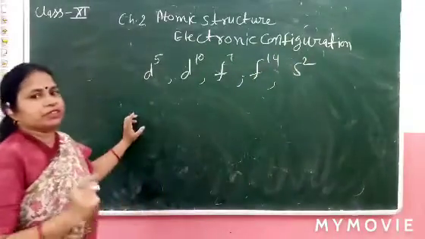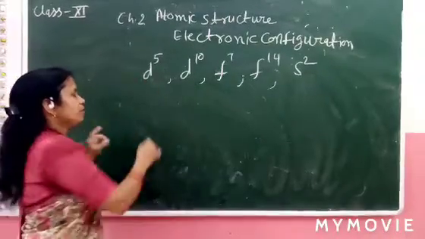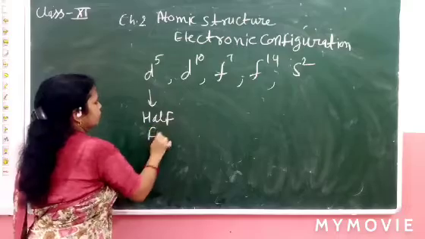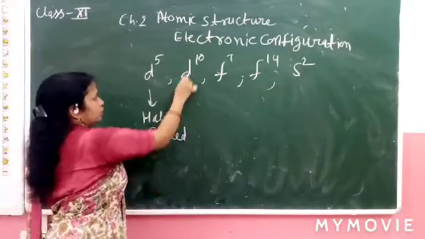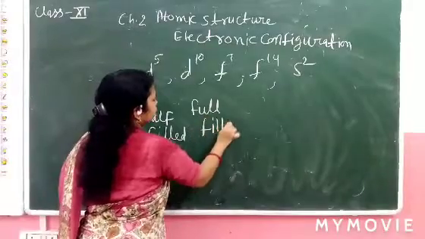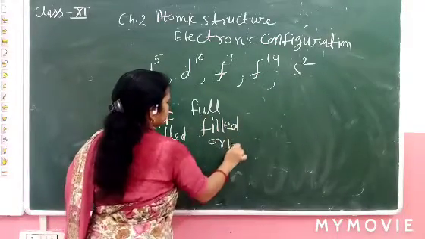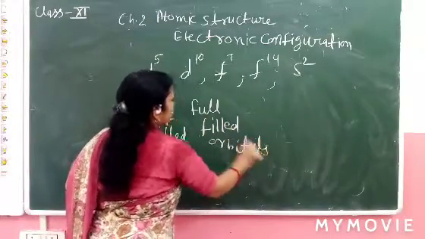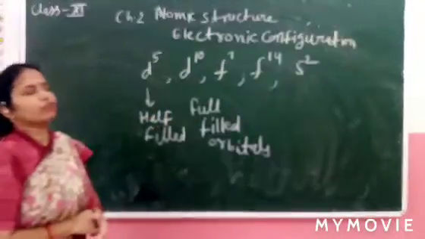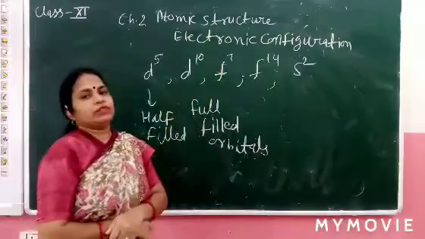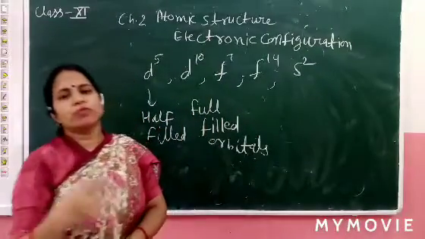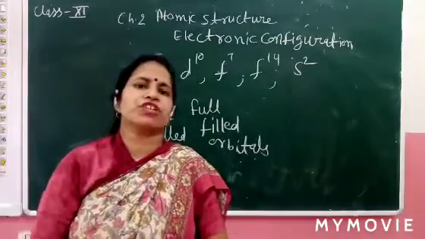These are exceptions. d5 is called a half filled orbital, and these are called full filled orbitals. Again, f7 is a half filled orbital, f14 a full filled orbital, s2 a full filled orbital. Half filled and full filled orbitals are more stable, extra stable.